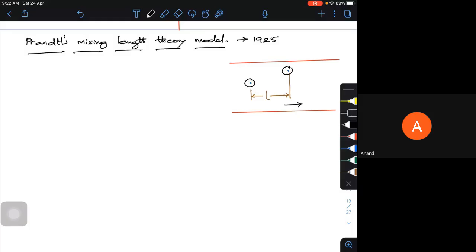Whatever the mixing may be, your u dash, I should be able to express in terms of that length. It's something like mu is equal to du by dy. In a similar fashion, I should be able to represent that based on this length scale. I have taken this as L, but anything can be considered. L is just a sign convention.